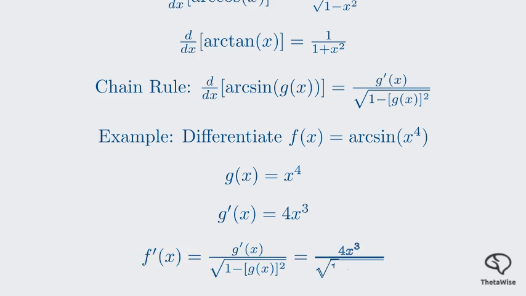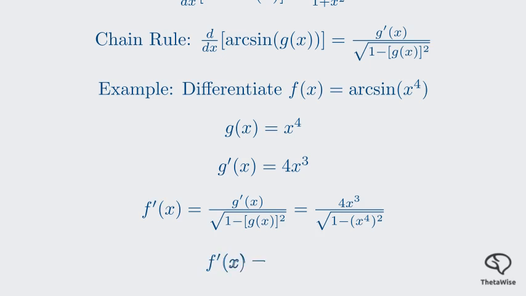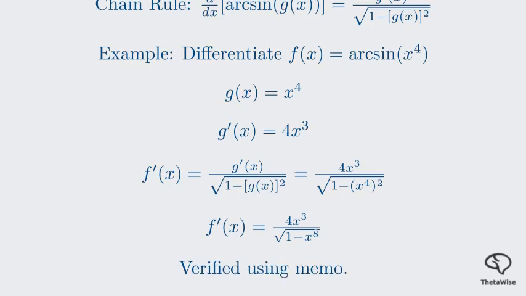Substituting, we get 4x cubed divided by the square root of 1 minus x to the fourth squared. Simplifying the exponent, our final answer is 4x cubed over the square root of 1 minus x to the eighth, verified using Memo. We've seen how the chain rule is applied to these new types of functions. Understanding these derivatives expands the range of functions you can work with.